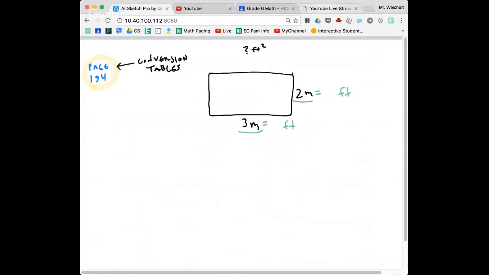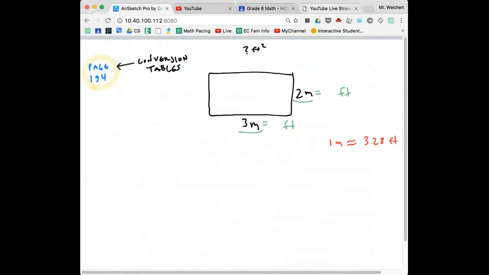Okay, it is telling us that 1 meter, so we're going to write this somewhere else. I'm going to get a different color. 1 meter, which means it's not exactly this amount, but we round it to this, and so we're going to just use it instead of using a bunch of decimals. So 1 meter is equal to 3.28 feet.